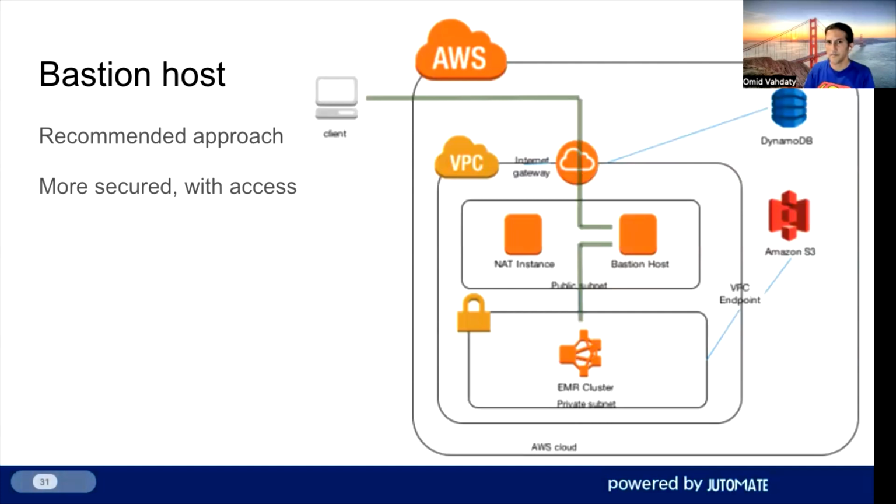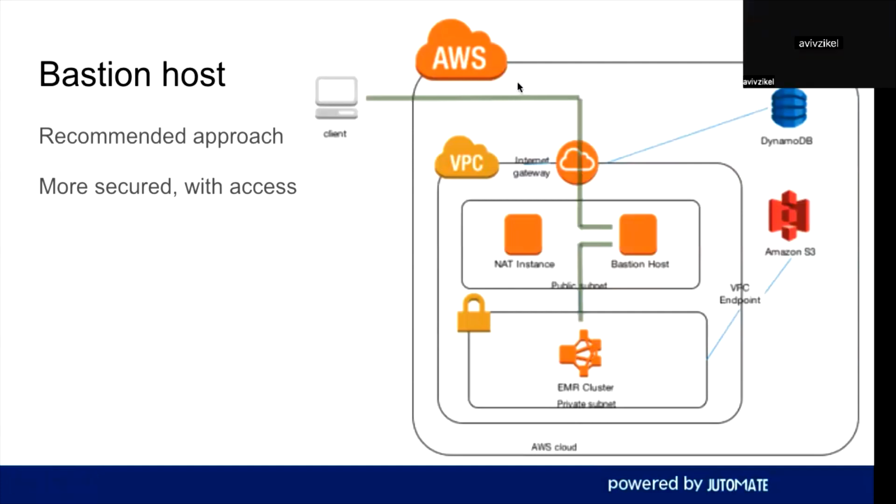Yeah. I have a question. Is this bastion host like an edge node, you can say? It's an EC2 machine with standard Linux. You don't even have to install anything. It's just a methodology that you put an EC2 machine here, you SSH into it, and then from there you SSH into your cluster on a private network.